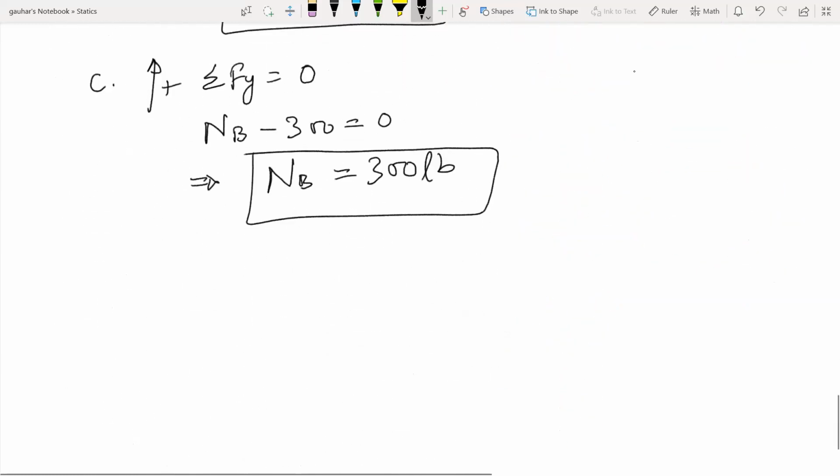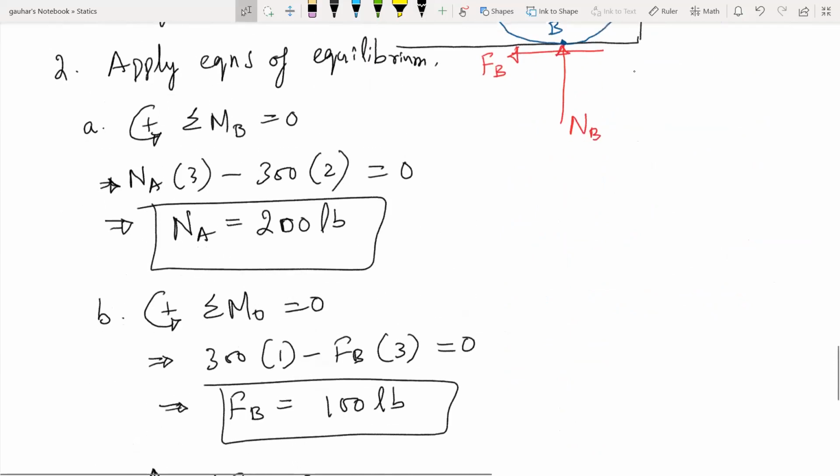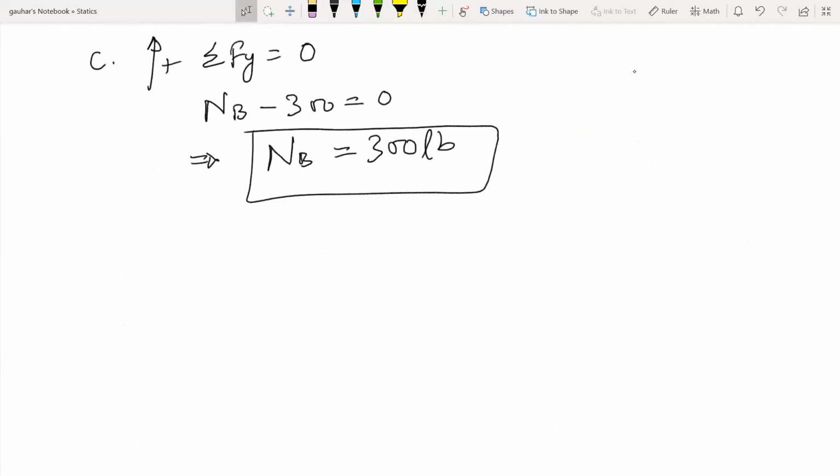And now let's go for step 3. Although it's not given in the statement, if we were required to find whether the spool will remain at rest or will move, let's do that. So what is F sub B max, the maximum friction force?